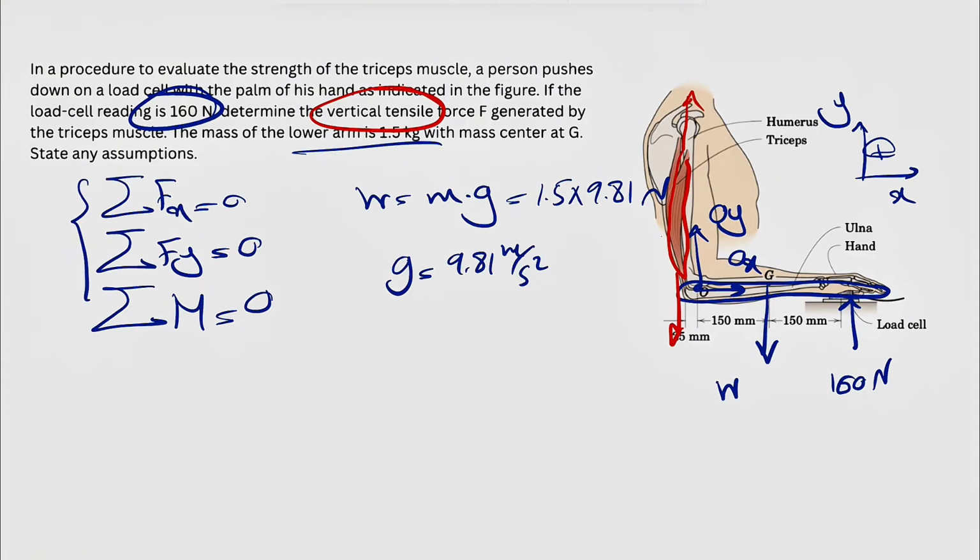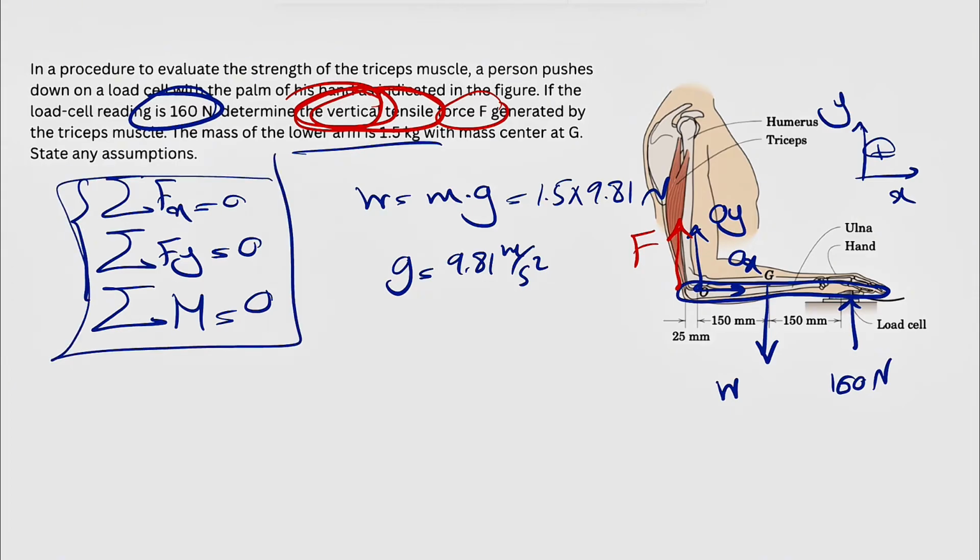The force that the triceps is applying to the lower arm has to be in the opposite direction, or this direction, based on Newton's law. So the correct direction for the force F that the question is asking would be upward, and we know the force is vertical. Again, it's part of the givens in the question, and that's pretty much everything we have in this question. The rest of this is using these three equations to find the unknown in here.